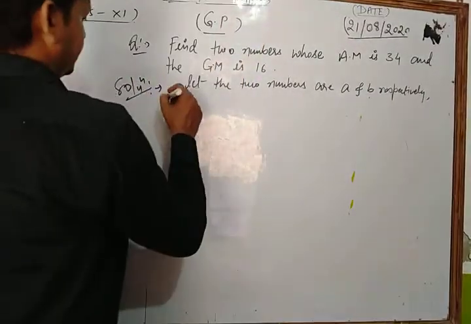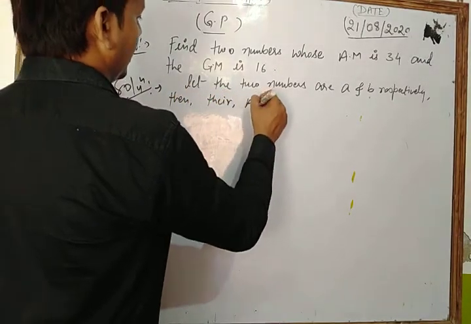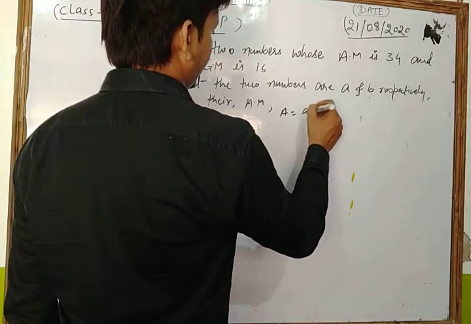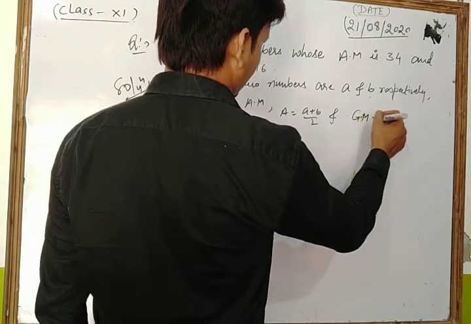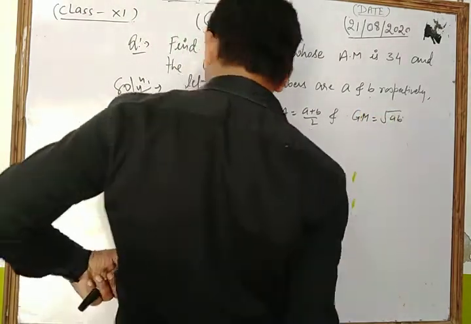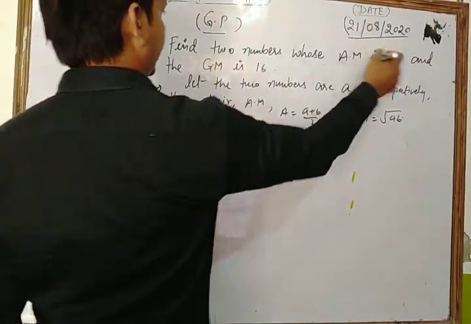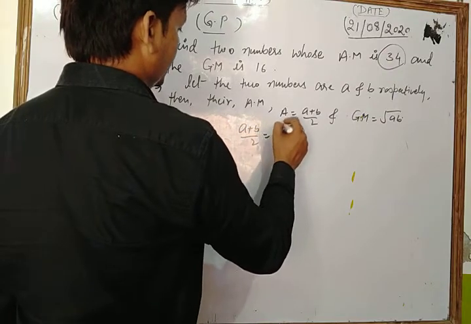Then their arithmetic mean is equal to (a+b)/2 and their geometric mean is equal to under root ab. Arithmetic mean is 34, so we write (a+b)/2 is equal to 34.